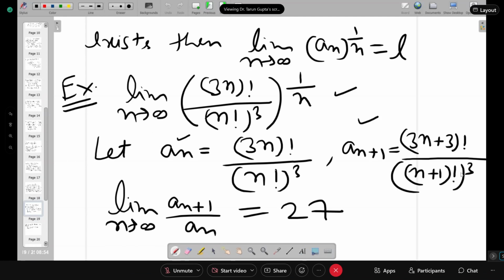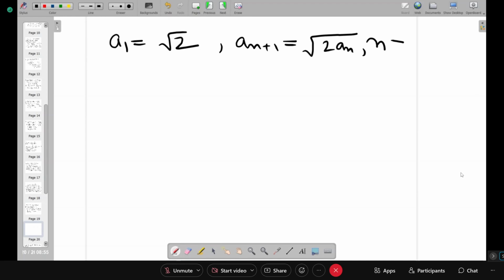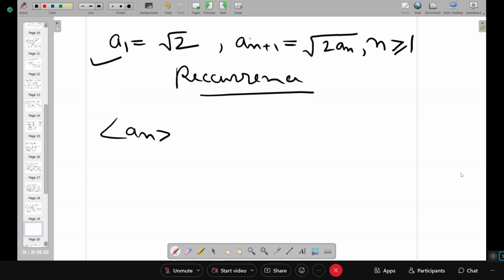Because if the terms are not given by a single expression, suppose a1 is root 2, this is given, and an plus 1 is given by this, where n is greater than or equal to 1, that is, the sequence is given by a recurrence relation, then how to prove it? The first term is given by this and the remaining terms are given by this recurrence relation. So you have to prove the sequence is convergent.